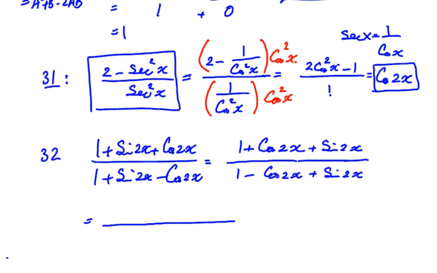Did that stay in your mind? What was 1 plus cosine? That was 2 cosine square of x. Is that right? How about the denominator? 2 sine square x.